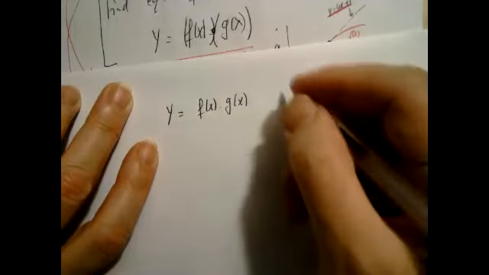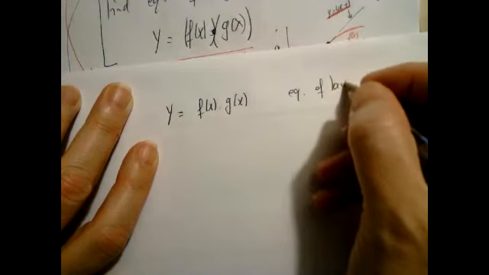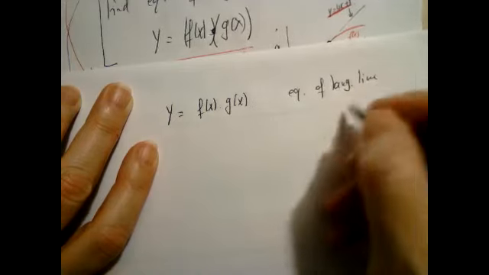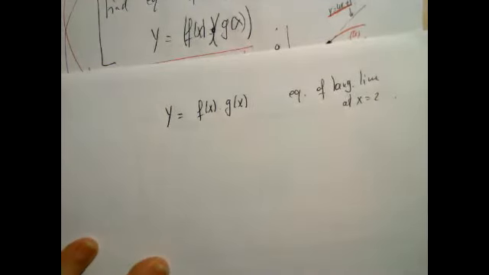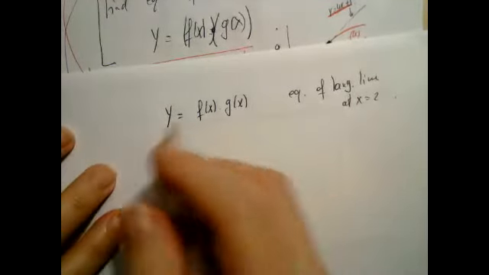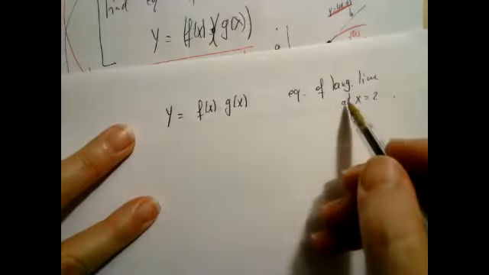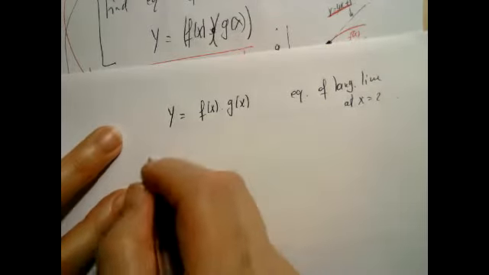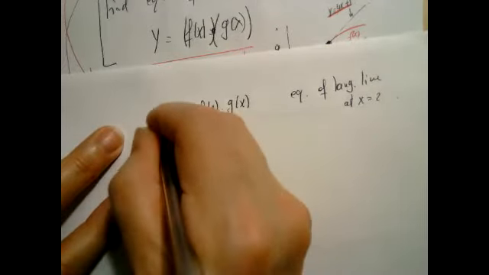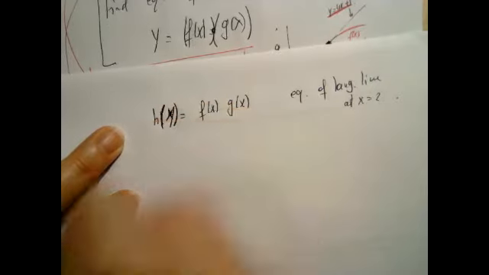And the question is the equation of the tangent line at x equal to 2. Now, to find the equation of the tangent line, what do we need? We need two things. We need a slope and we need a point. Okay, so what's the slope? To find the slope, let me call this h of x because I prefer function notation.